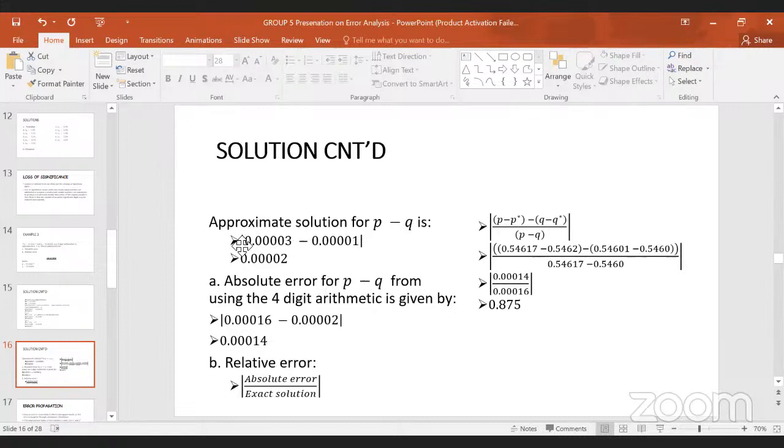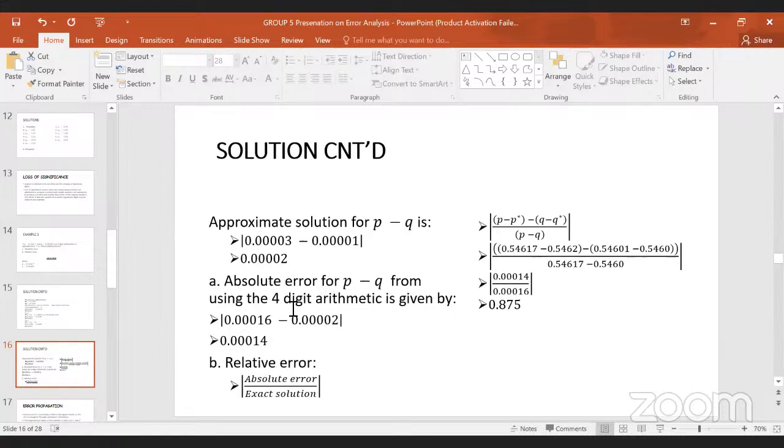This is for P minus P star, and this is for Q minus Q star. So we need to perform the same operation of P star minus Q star to have our concluding answer, which is this. By the time we subtract 0.0001 from 0.0003, we get this answer.